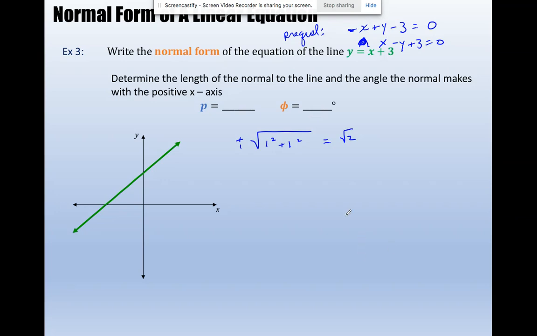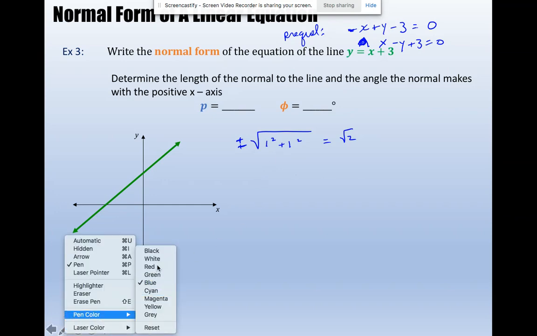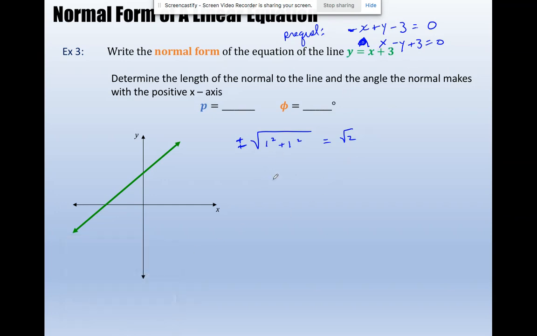Right, so that's okay. Now what am I going to do? I haven't made a decision yet about how I'm going to write this. I'm going to divide everybody, so I have x minus y plus 3 is equal to 0.